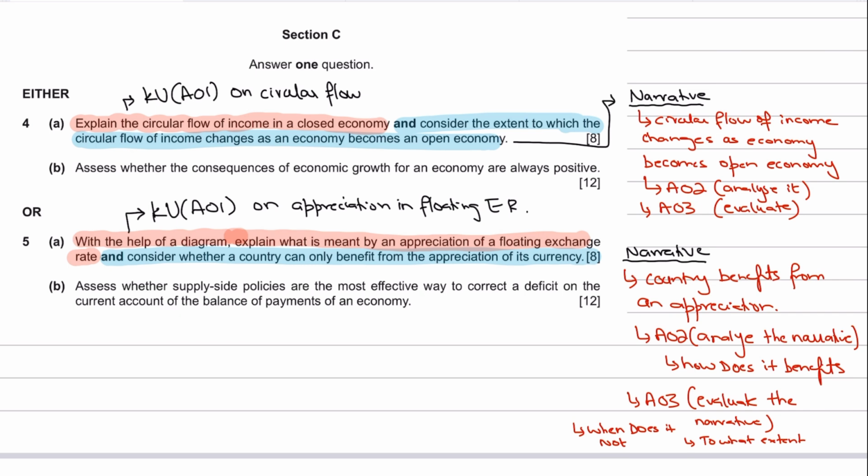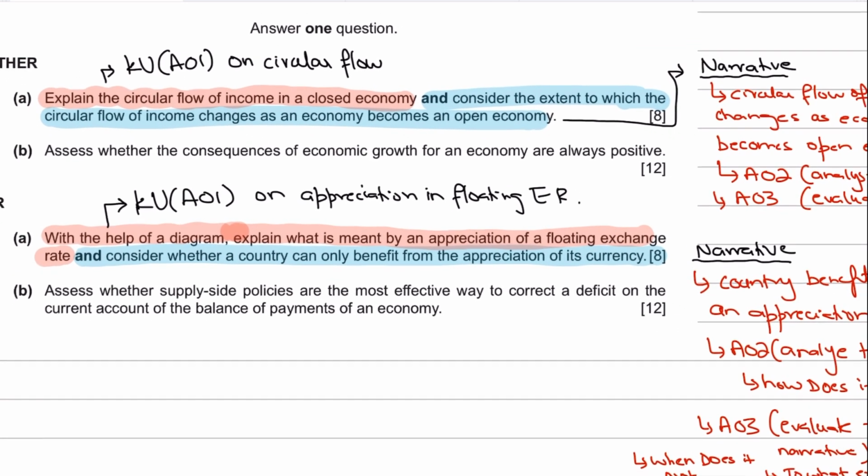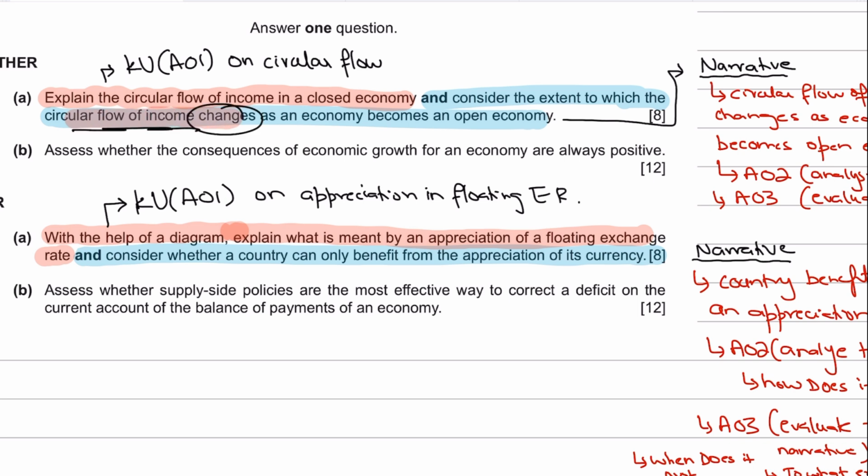But you need to identify the narrative here. The narrative is, number one, what the circular flow is, and then that the circular flow of income changes if the economy becomes an open economy.